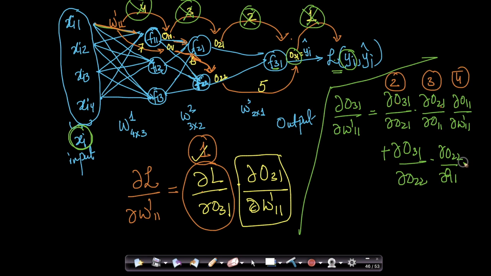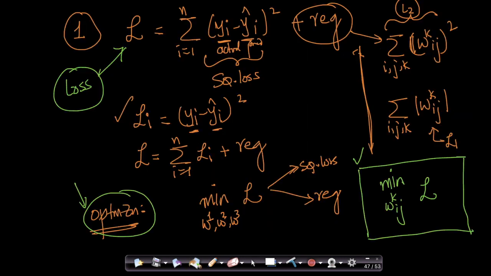Sorry, O11, and derivative of O11 with respect to W11. Right? So this, I have it here. This is exactly what I have here, right? So now if you put everything together, what do you get? Let's write it down.